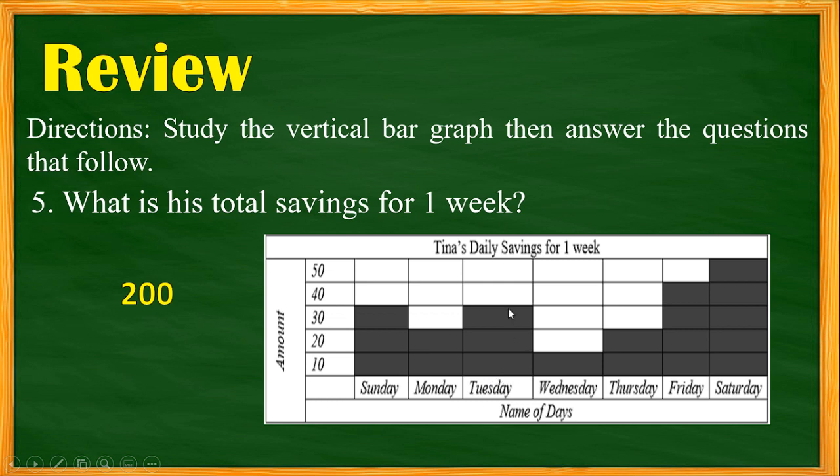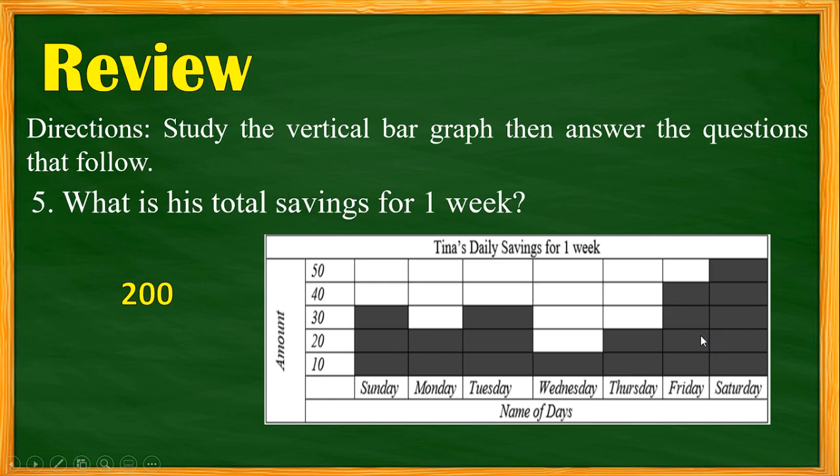Then Tuesday we have 30, we have 80 all in all, plus 10, 90, plus 20, we have 110, plus 40, 150, and then plus 50, we have 200 pesos in a week.